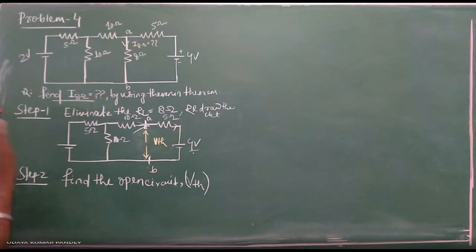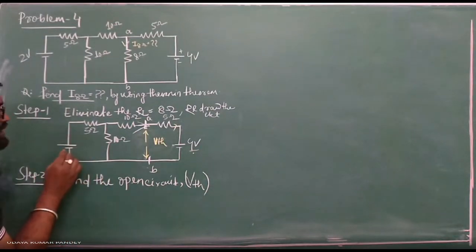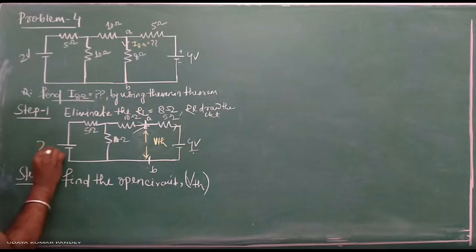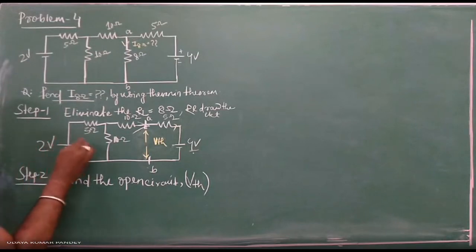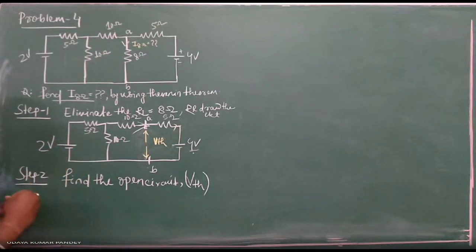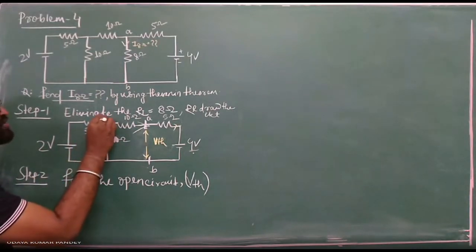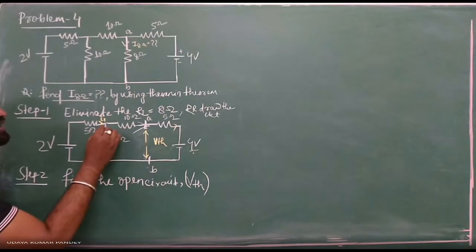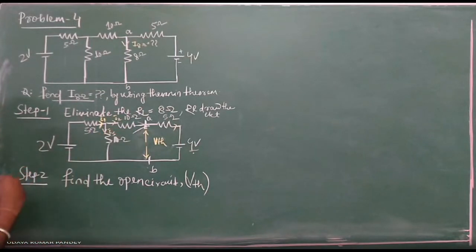How to calculate the current? You can see here is a voltage source, your 2 volt voltage source, and a current enters this circuit. Suppose this current is I1, and the current is divided into two parts, I2 and I3.